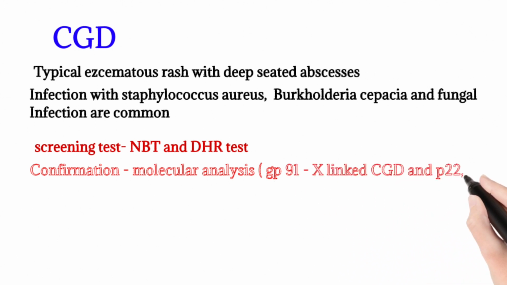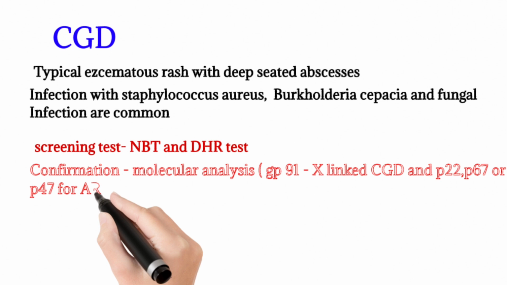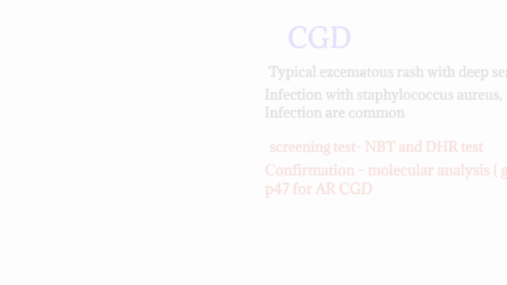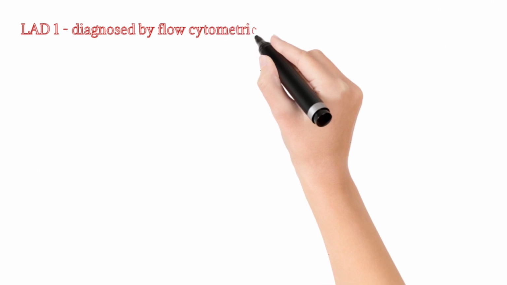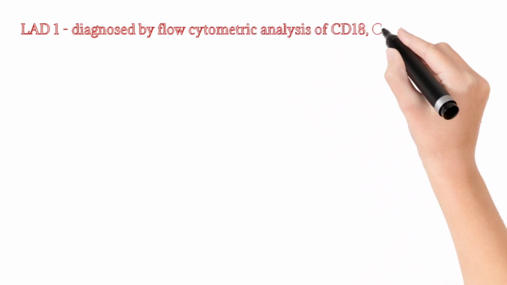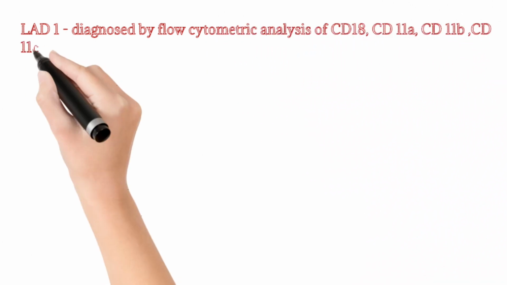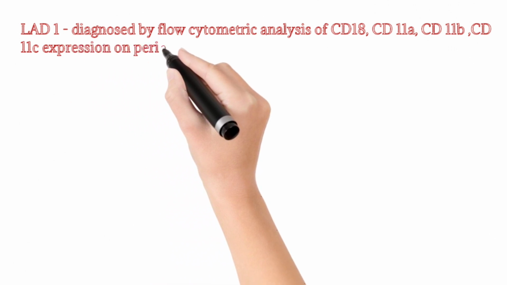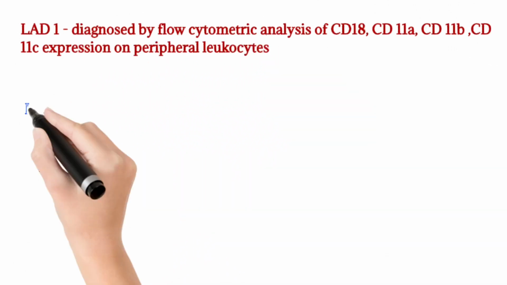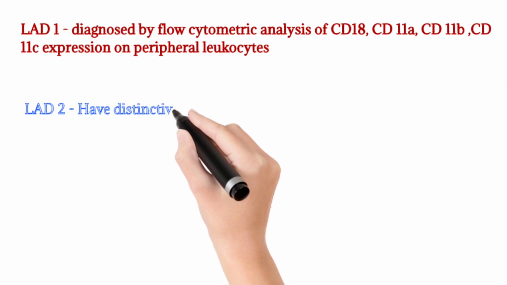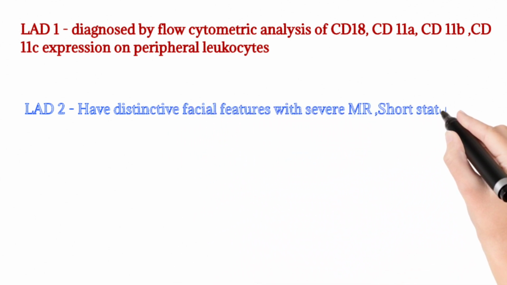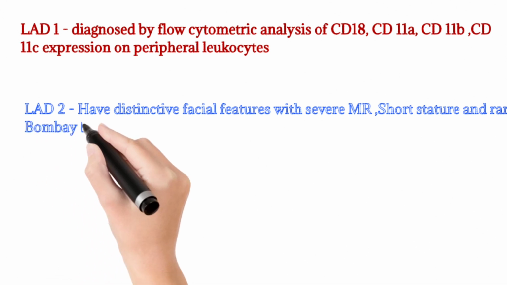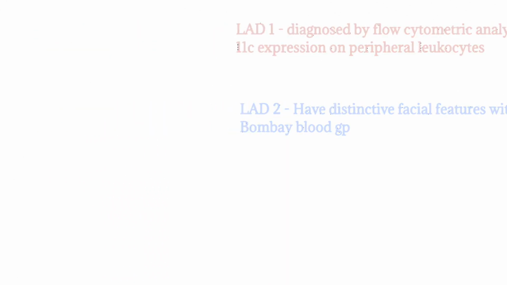Two forms, X-linked form and autosomal recessive form, have been identified. Now leukocyte adhesion defect type 1 is diagnosed by flow cytometric analysis of CD18, CD11A, B and C, and LAD2 has distinctive features of mental retardation, short stature and Bombay blood group.